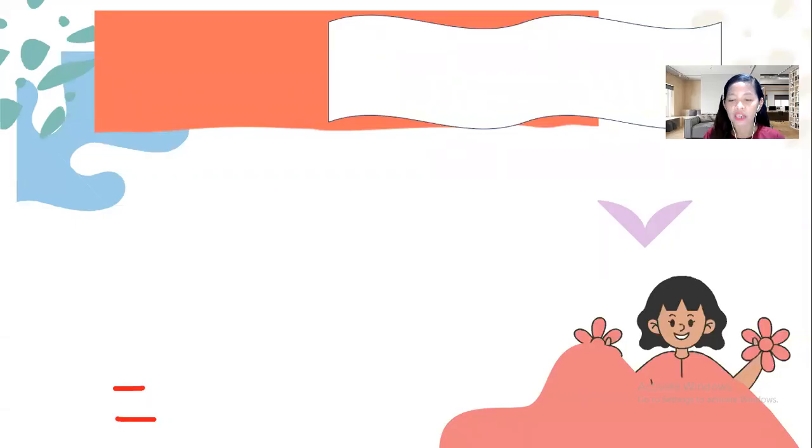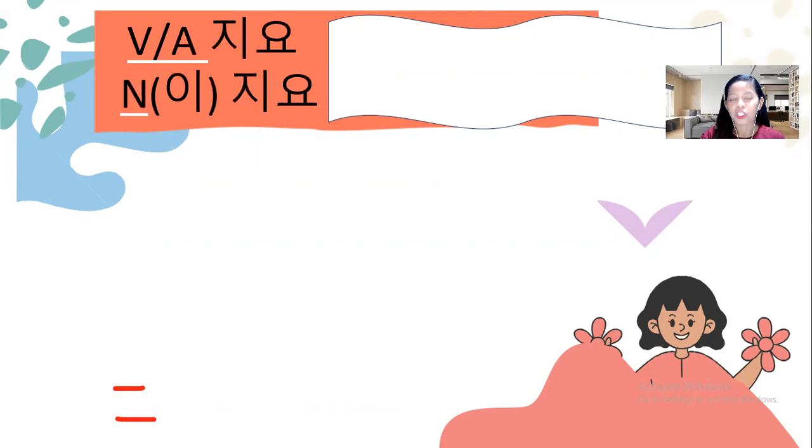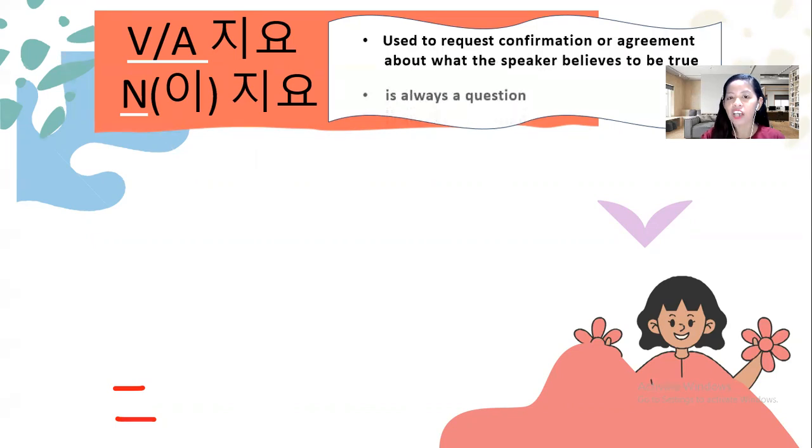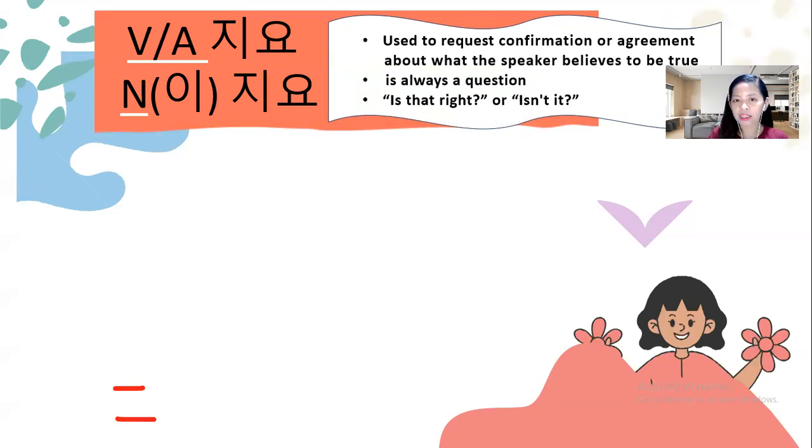Right. So again, 오늘은 지요 공부를 했어요. Do not forget that 지요 can be used with verbs, adjectives, and nouns. And of course, the function is to confirm or to seek agreement. They're always in question form, and they can be translated in English as, is that right or isn't it?